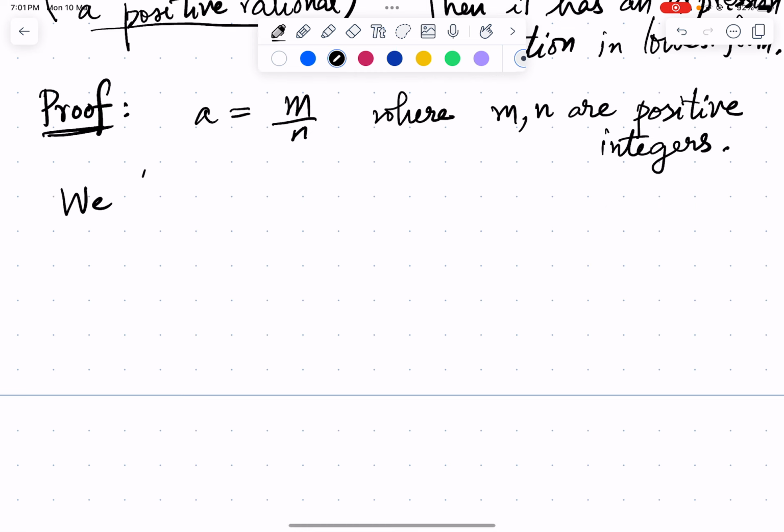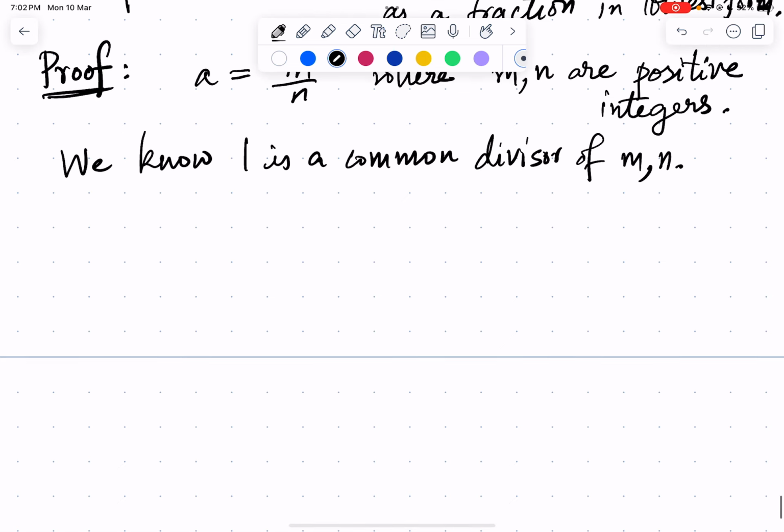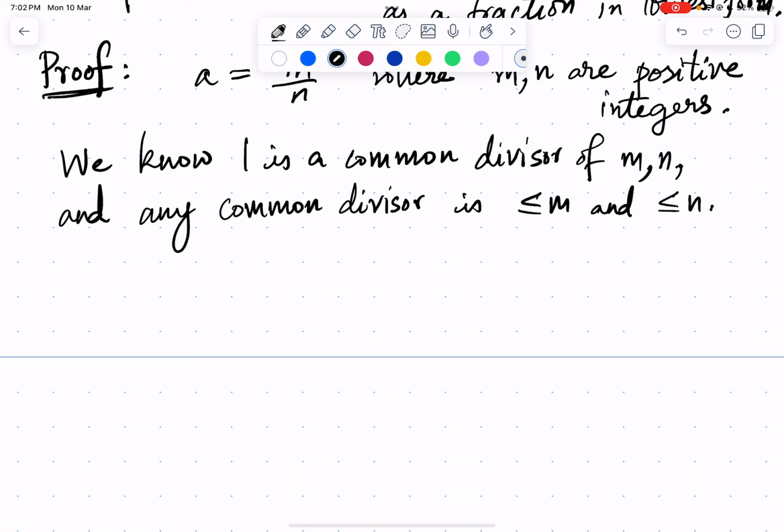We know 1 is a common divisor of m and n, and any common divisor is less than or equal to m and less than or equal to n.